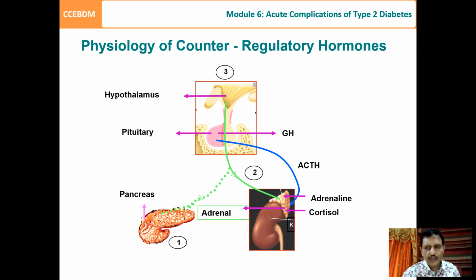The second action of the body is to produce glucagon, and then the third action is to produce adrenaline, cortisol, and growth hormone, that is, the other anti-insulin hormones or counter-regulatory hormones. And because there is a production of adrenaline, there will be symptoms of adrenaline release or adrenergic symptoms, which are basically the warning signs of hypoglycemia.